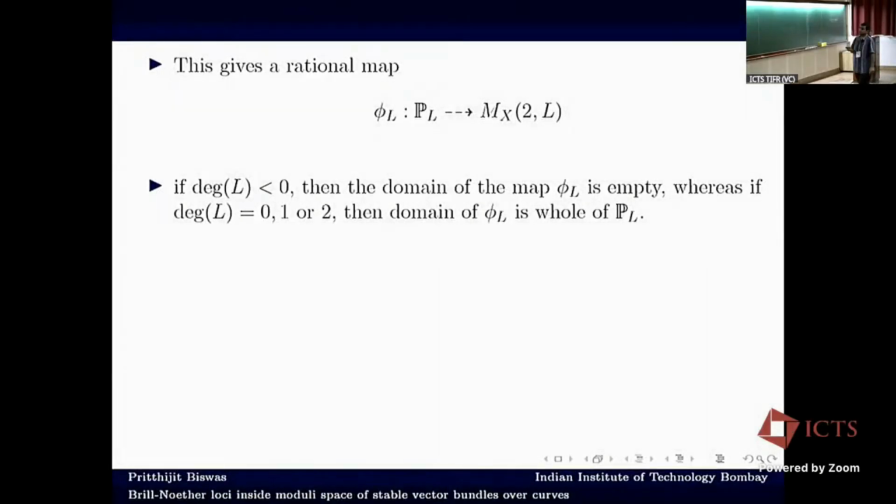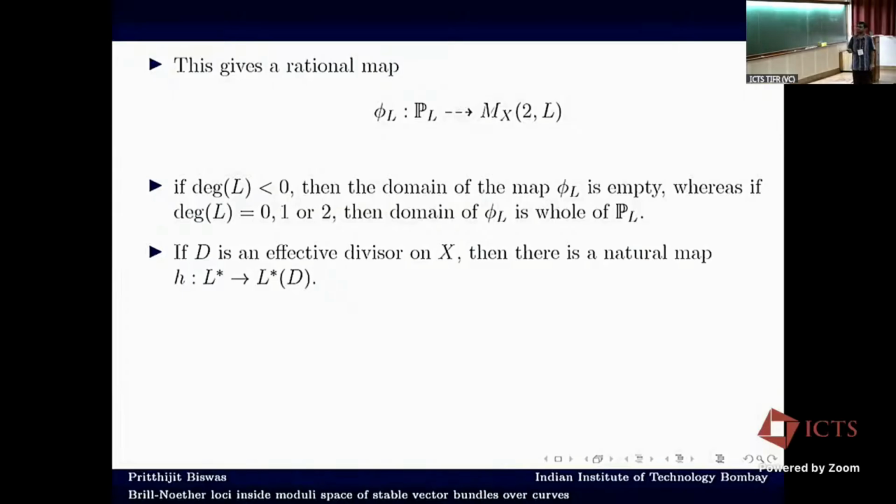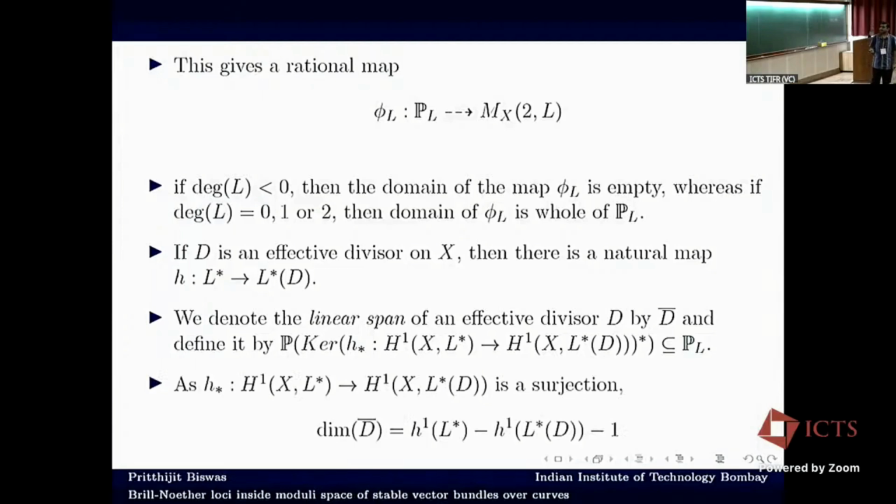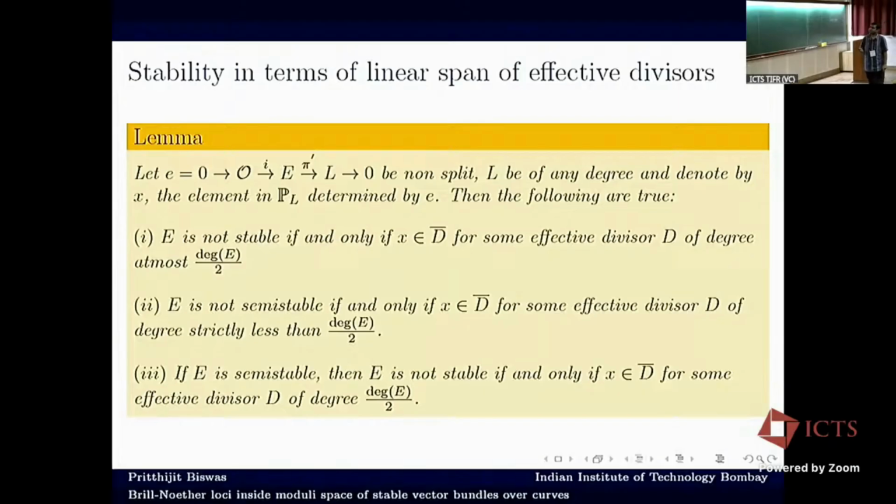Now, in the next few slides, I am going to explain exactly where this map is not defined. It comes out as a secant variety. If D is an effective divisor, you have a natural map from L dual to L dual of D, and you define the linear span of an effective divisor, denoted D closure, to be the projectivization of the kernel of this homomorphism. You can compute the dimension because this is a surjection. This is very basic.